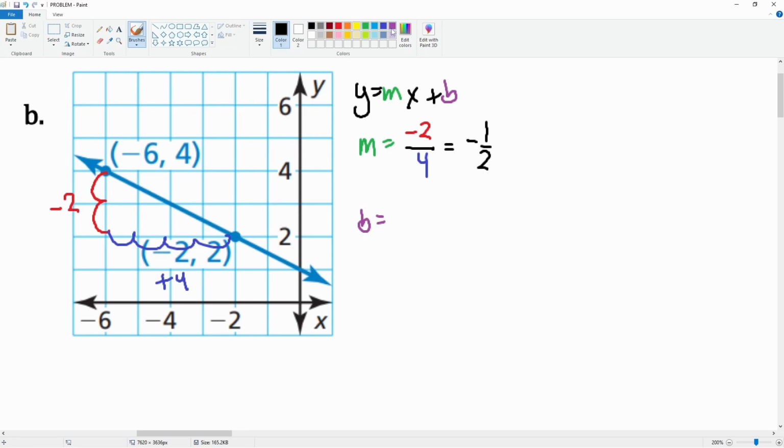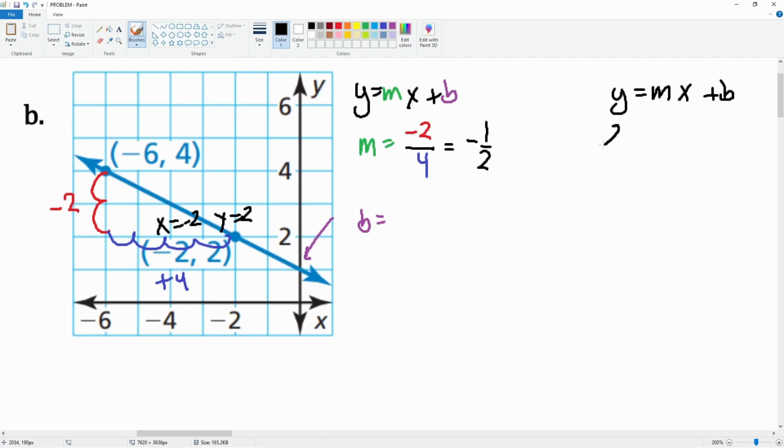The b here, we can see it right here in this intersection. If you don't believe me, you can just use a point. Here's that point. I'm just going to use this point. x is equal to -2 and y is equal to 2. So I'm going to use the equation y equals mx plus b.